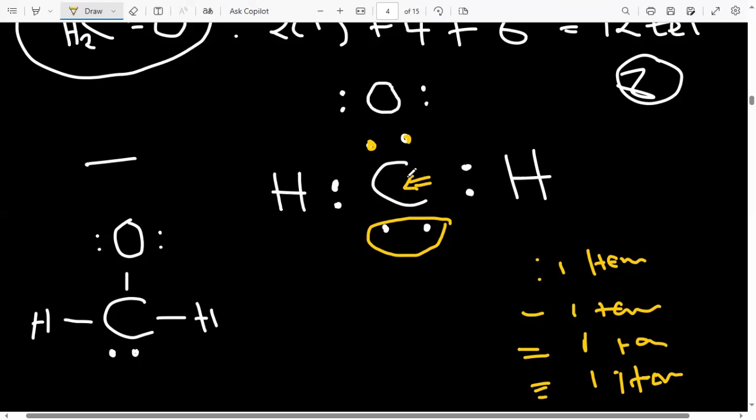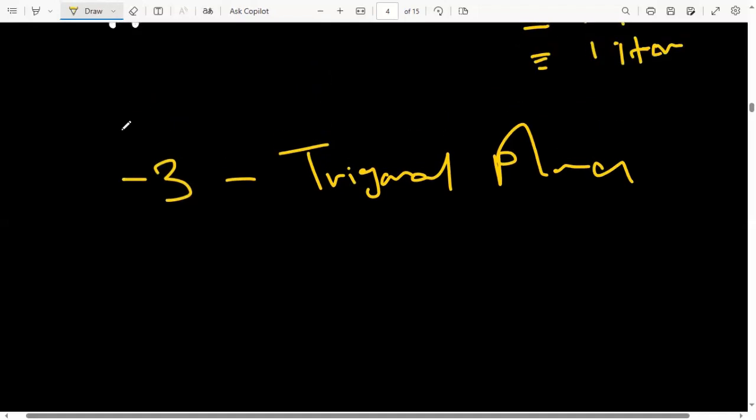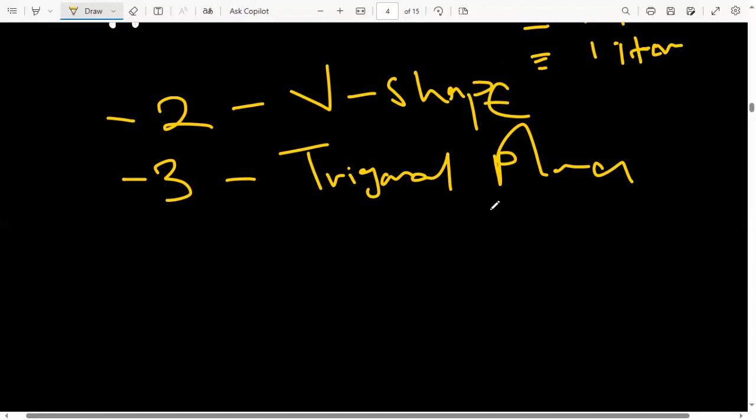So now, how do you know? If I have 3 items attached, we call this what? Trigonal planar. And then if I should start from 2, if we have 2 with a lone pair present, we say it's V-shaped like water. Then if I have 3, it's trigonal planar.